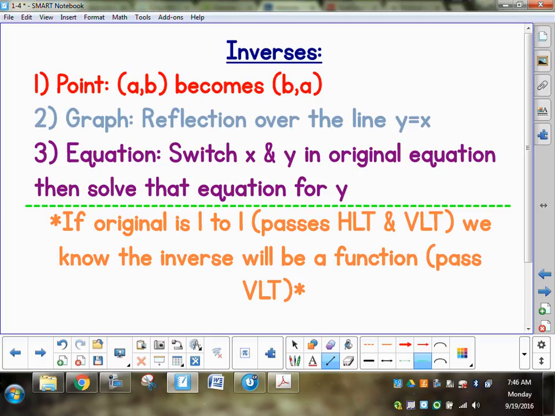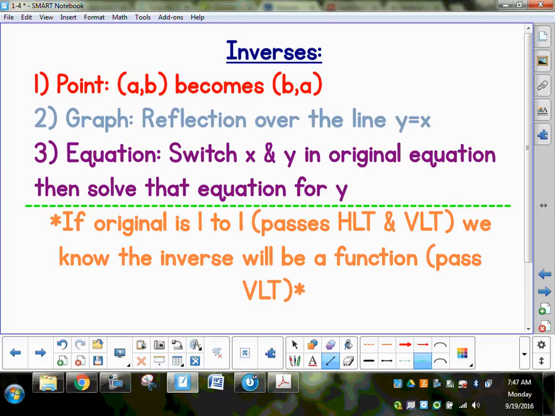So if I look at the graph, and it passes the vertical line test and the horizontal line test, we know that the inverse will also be a function. If the original does not pass both tests, the inverse will not be a function.